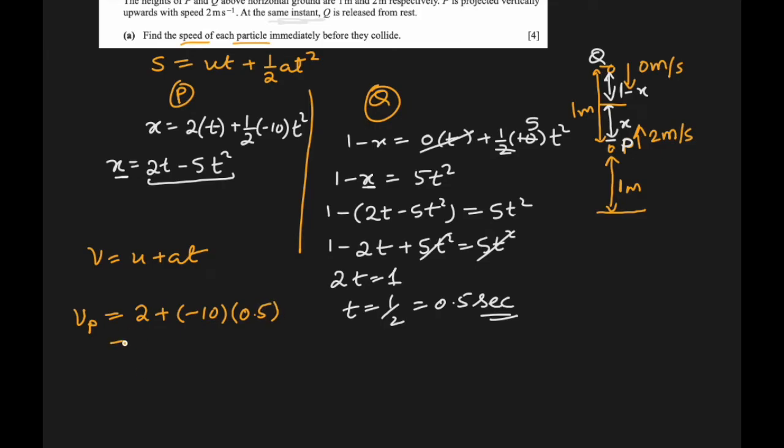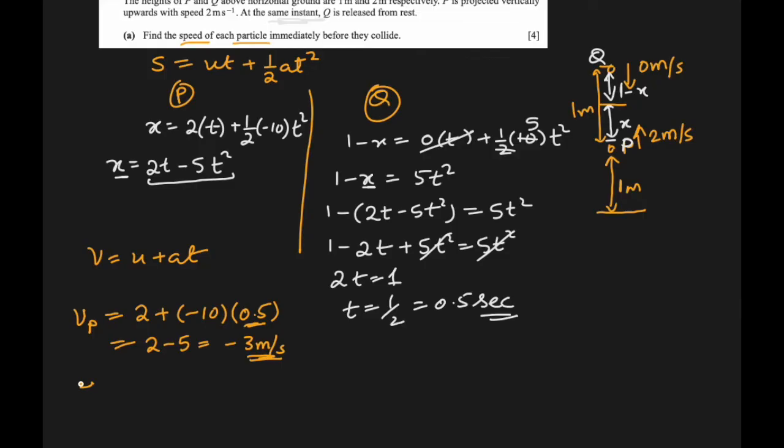So it comes out to be 2 minus 5 equal to minus 3 meters per second, which means it went up and it was returning after 0.5 seconds.